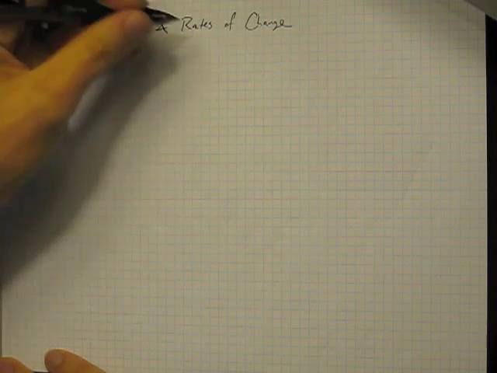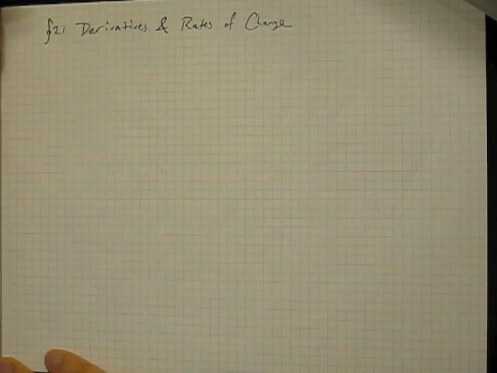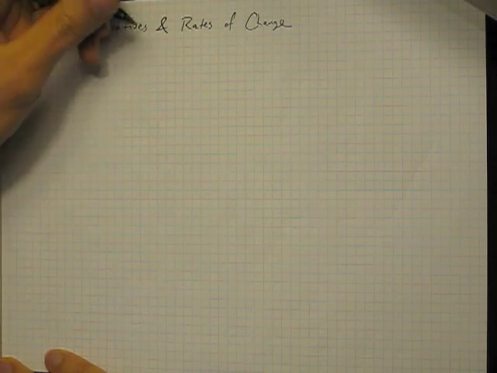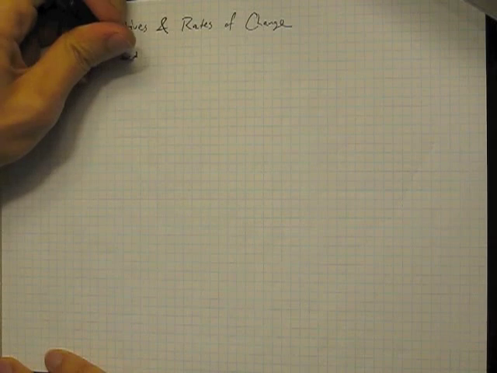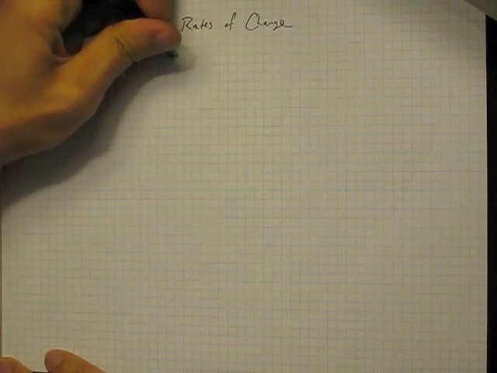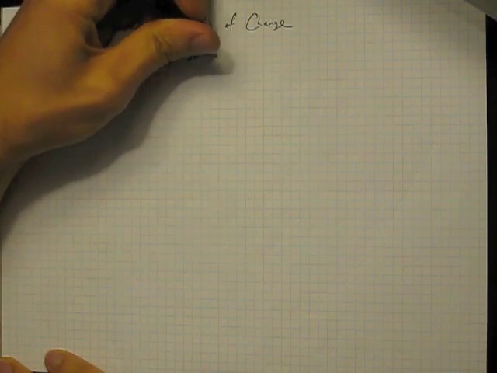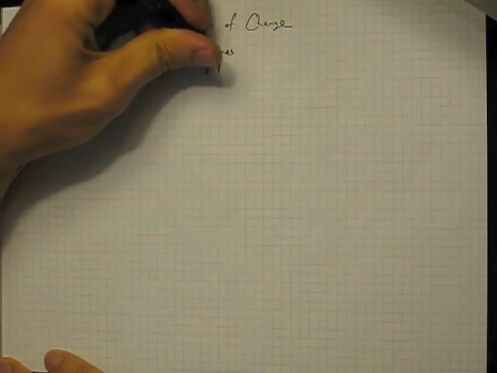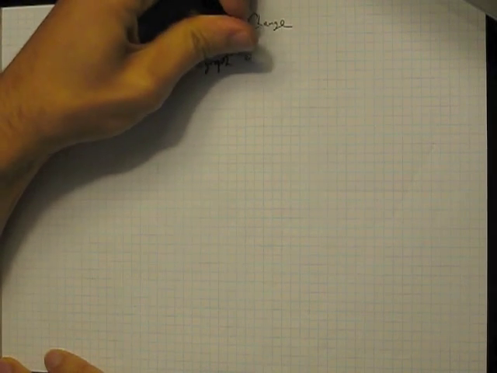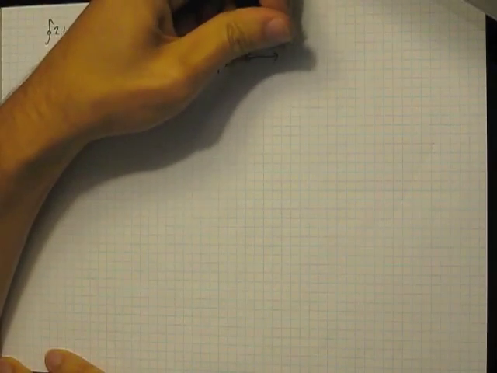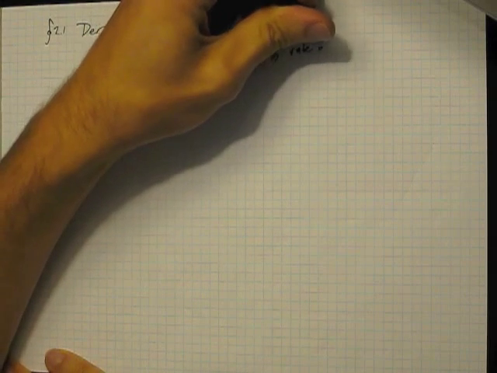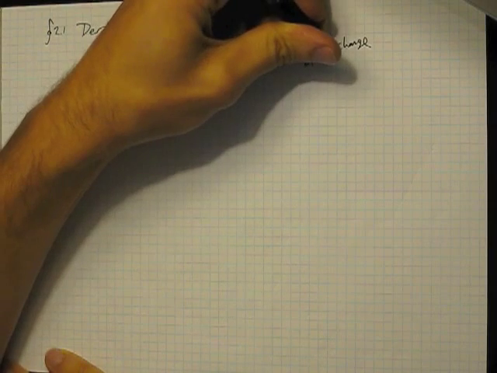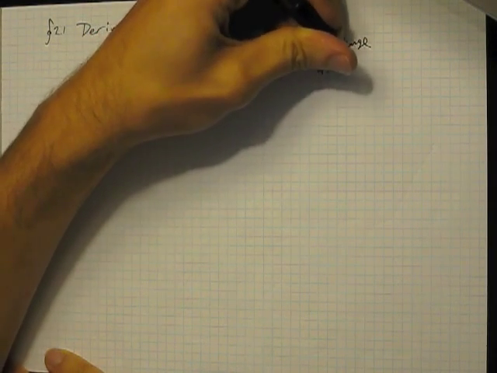So the basic idea here, so this first section is called derivatives and rates of change. We'll talk about what the word derivative means in just a minute. The basic idea here is that tangent lines to a graph are intimately related to the rate of change of the function.